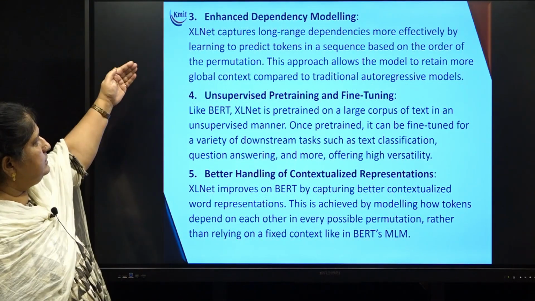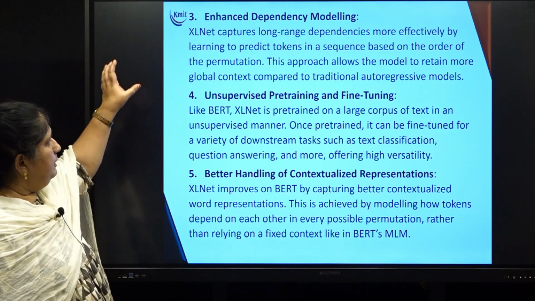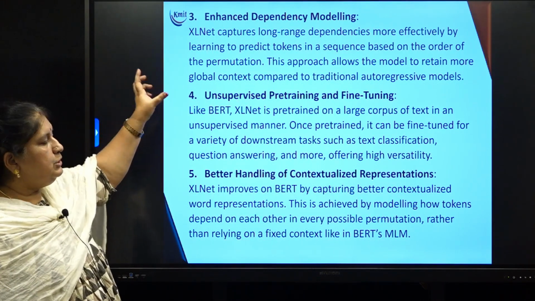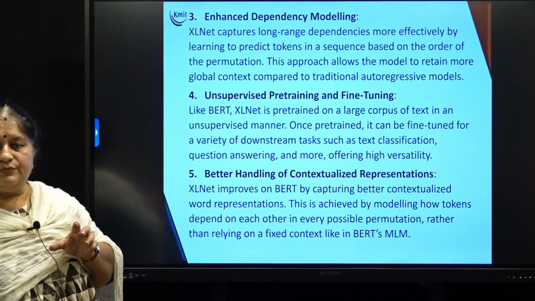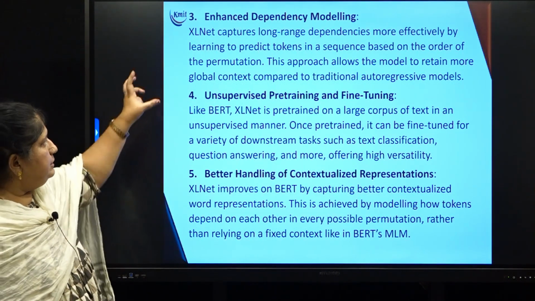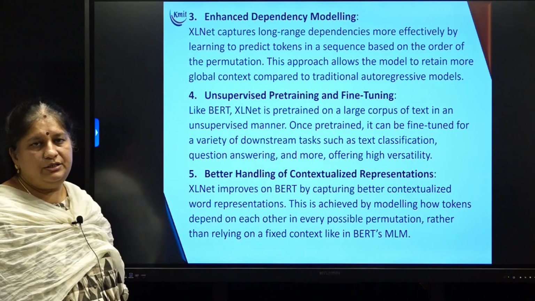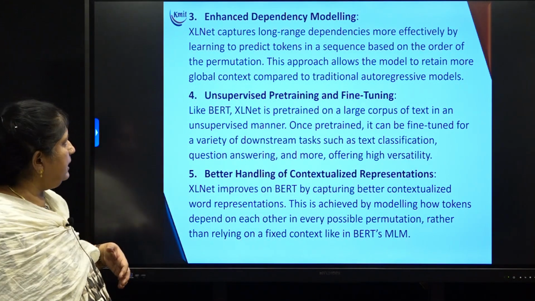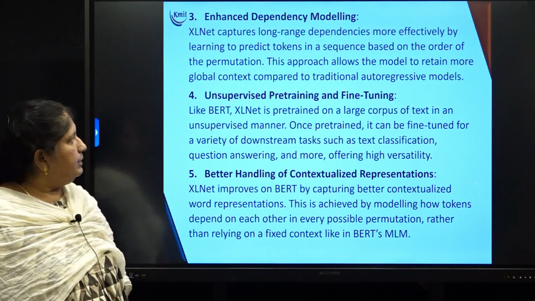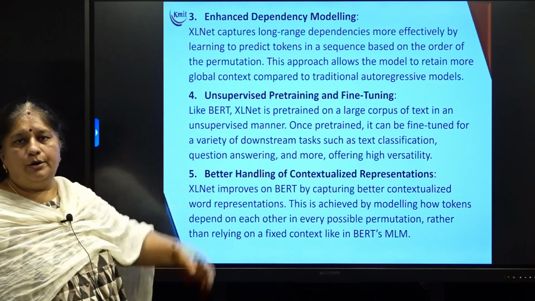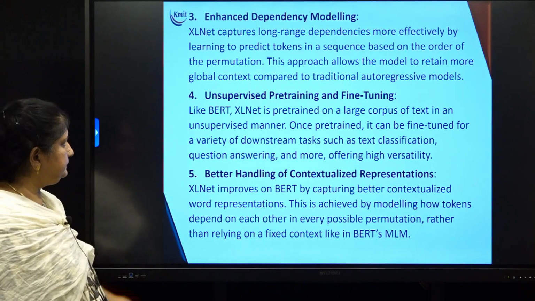Then enhanced dependency modeling. Because XLNet is trying to identify the dependencies between the tokens for every permutation, it is trying to capture the long range dependencies very effectively, and it will try to predict what could be the next token based on the order of the permutation.